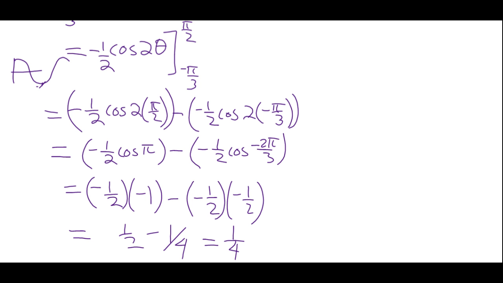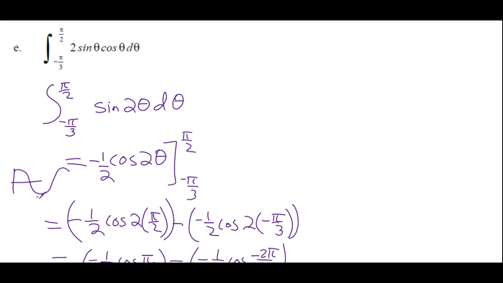Can we do this another way? So is there another antiderivative? What's the other antiderivative for this? Okay, so if we do sine squared theta, what's the derivative of sine squared theta?